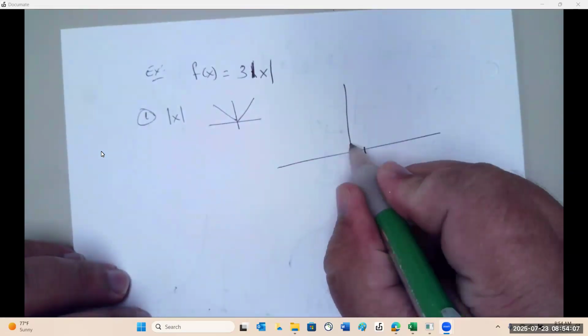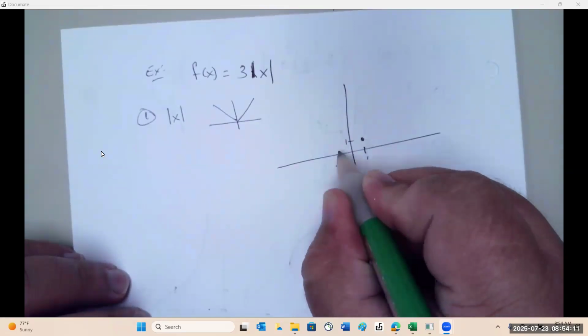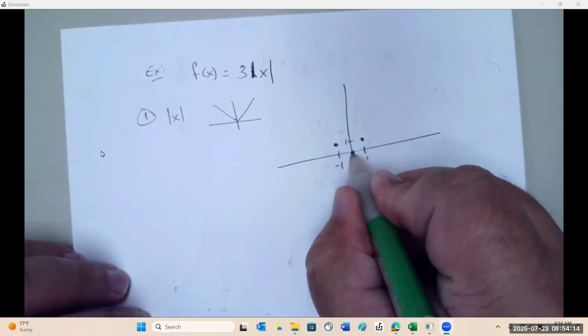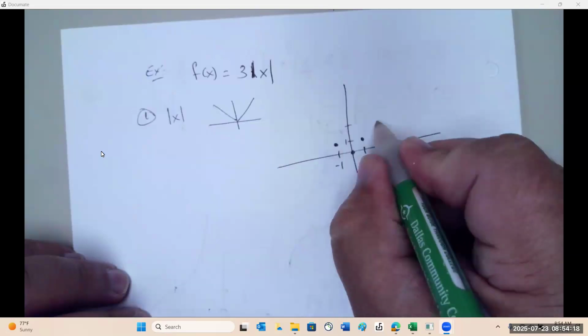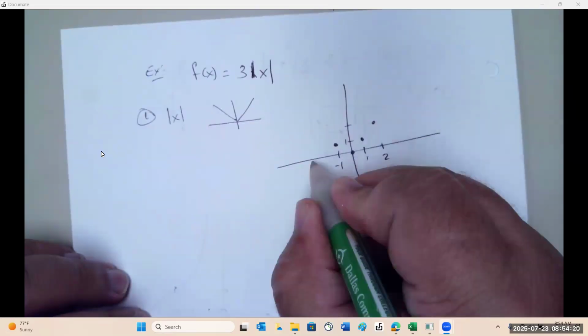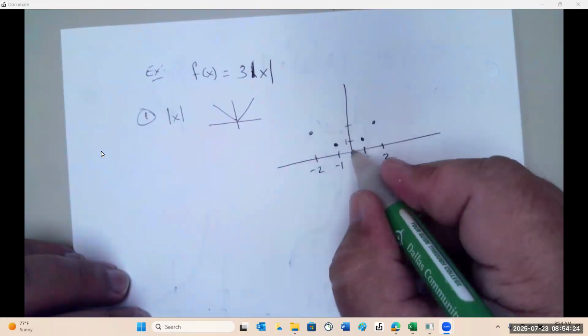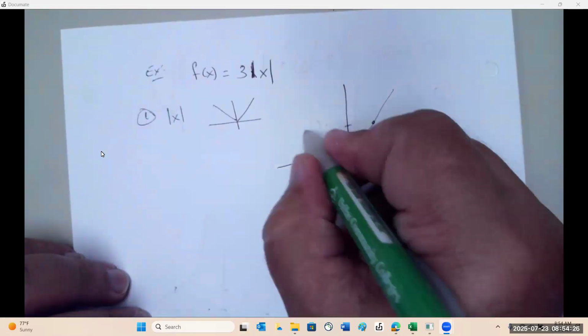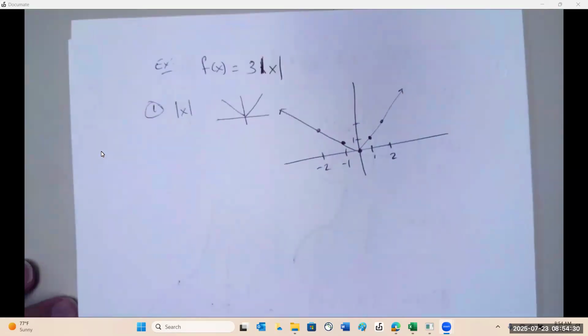When x is 1, y is 1. When x is -1, y is 1. When x is 0, it's 0. When x is 2, y is 2. When x is -2, y is 2. So that's the absolute value of x.